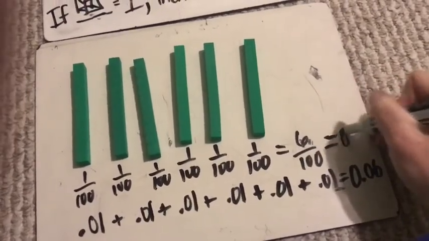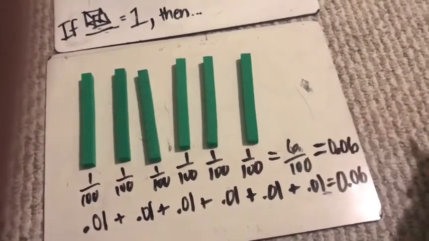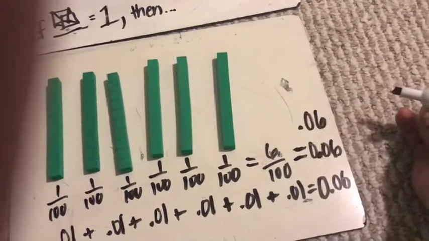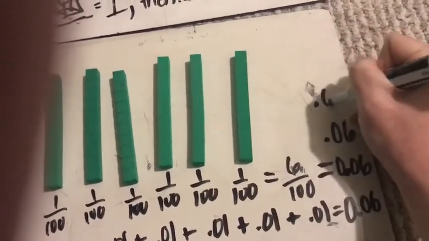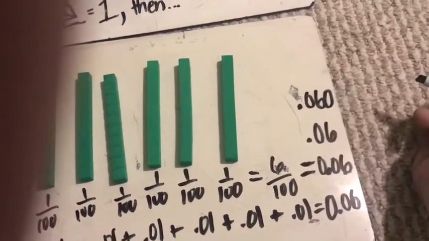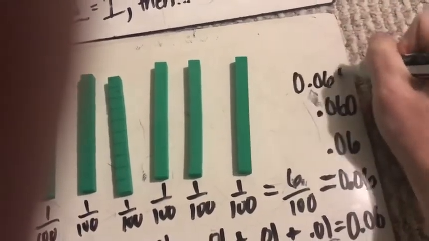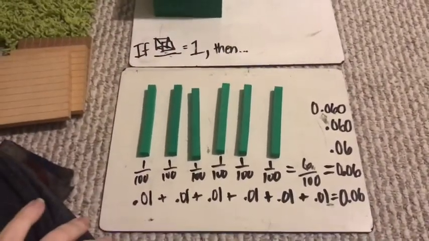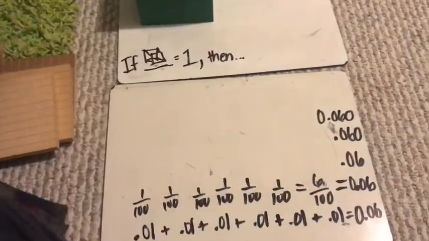As long as your 6 is in the hundredths place, you got 6 hundredths. You could also have it without that 0 in the front. That's still 6 hundredths because the 6 is in the hundredths place. This is still 6 hundredths because the 6 is in the hundredths place. This would still be 6 hundredths because the 6 is in the hundredths place. Make sense? All right, try one more, and then we're going to try a couple challenge ones.